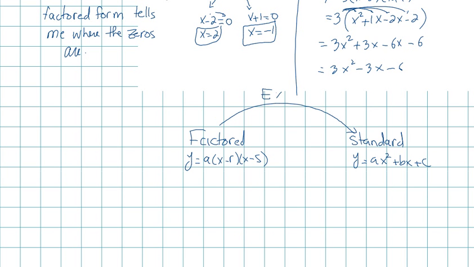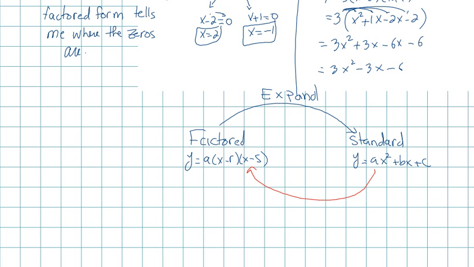If I want to go from standard to factored, what do I do? Factor. How many different ways of factoring do I have? 3. How many different ways did we learn to factor? GCF, sum and product, difference of squares.